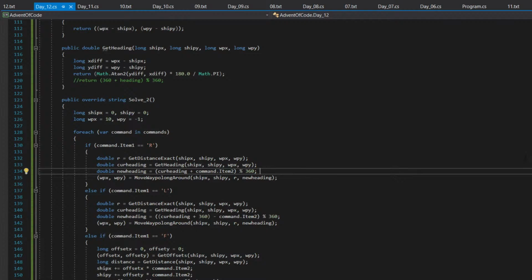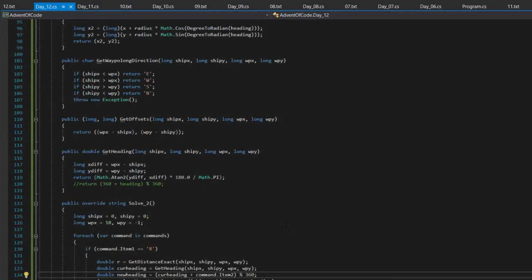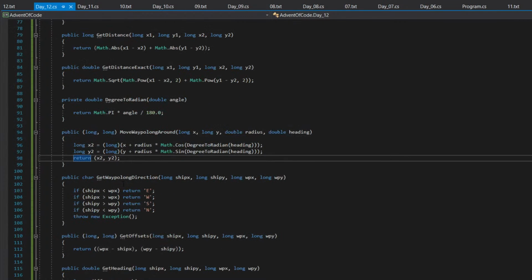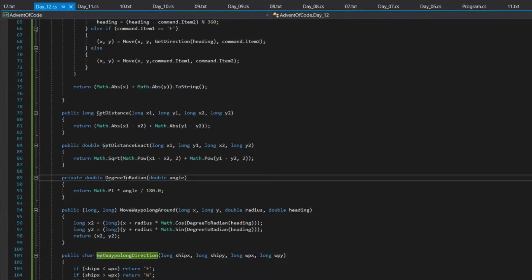Alright, so the key points for this problem were figuring out a point along a circle with the ship being the center. So we have this algorithm. And also making sure we're using radians when they're needed.